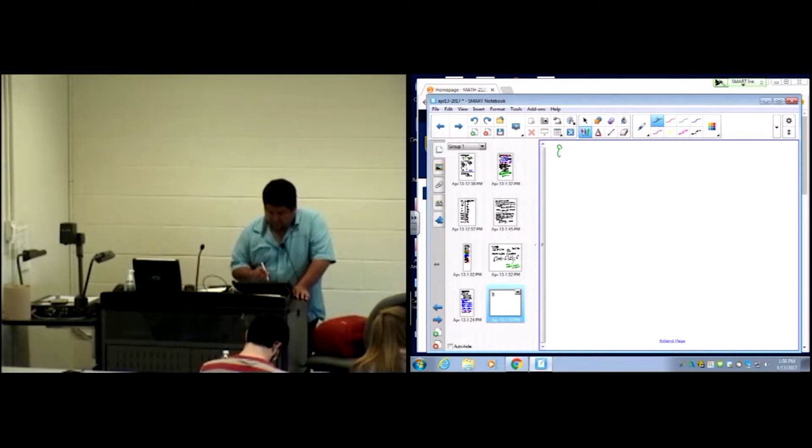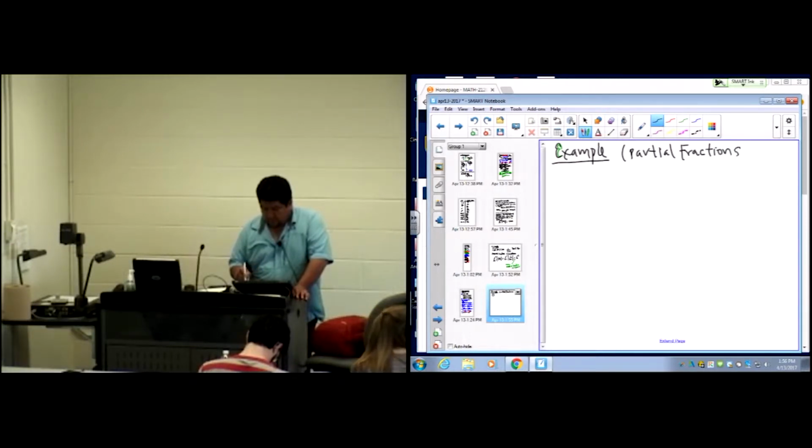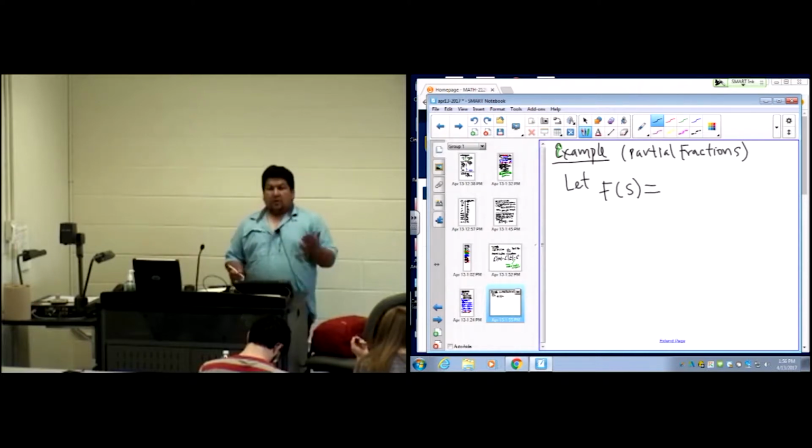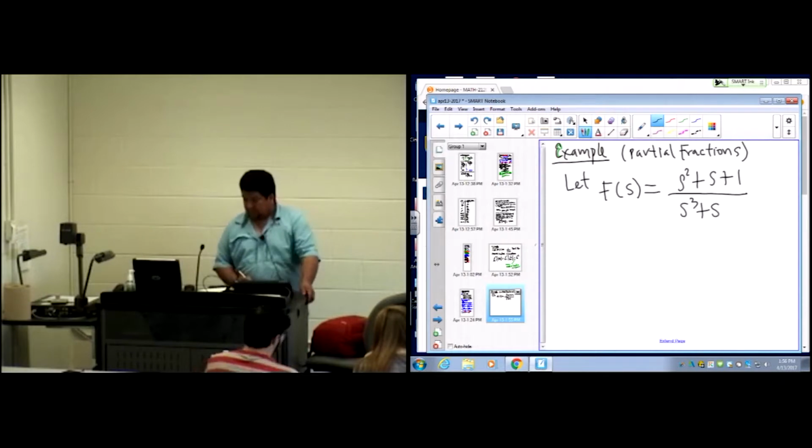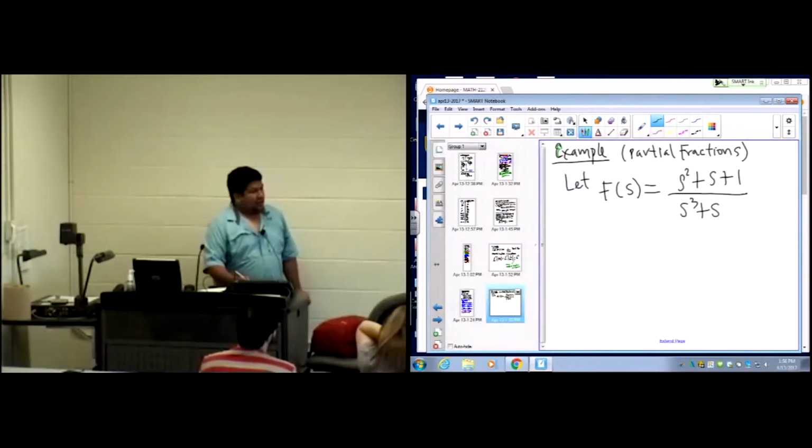Okay, and we're going to suppose we have, say, constants A, B, and C, such that s squared plus s plus 1 divided by, this is the original expression, s cubed plus s.